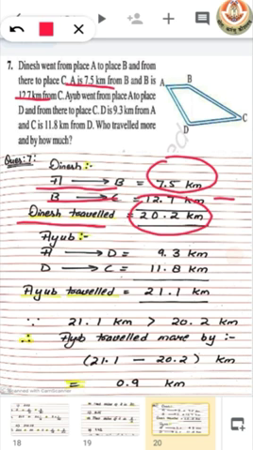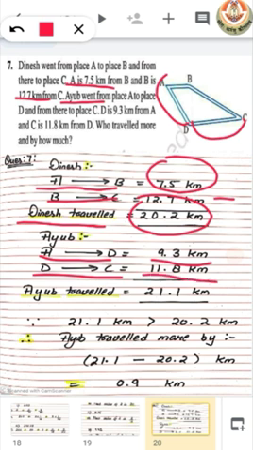Now the further question is Ayub went from place A to D and then to C. So the distance from A to D is given, which is 9.3, and then the distance from D to C is given, which is 11.8. That means Ayub traveled total 21.1 kilometers. Now the further question is who traveled more and by how much?